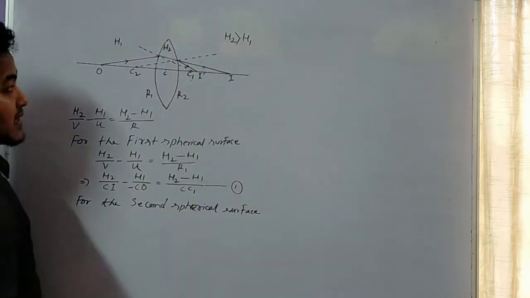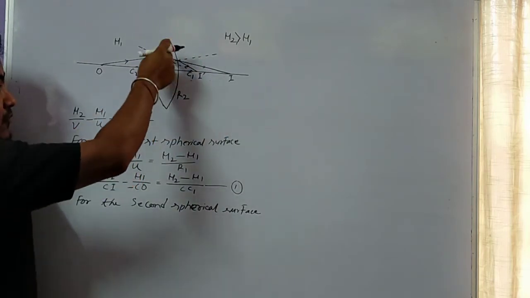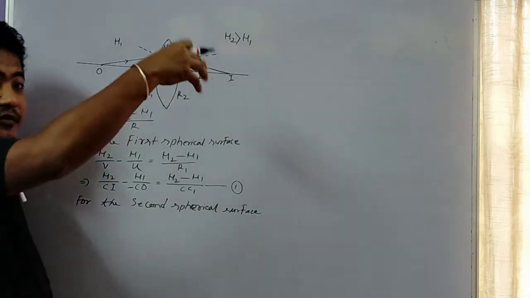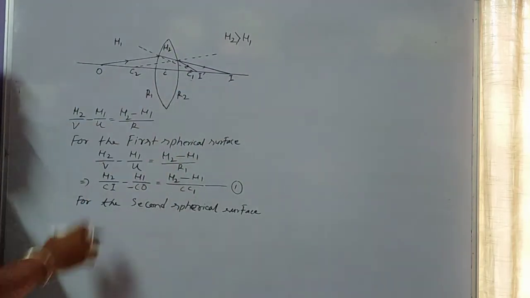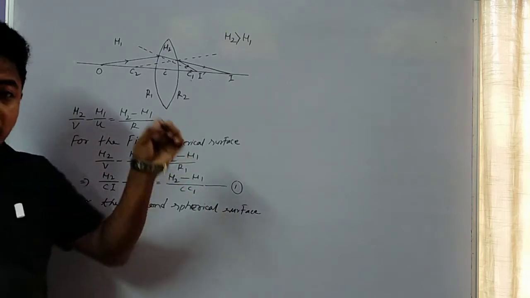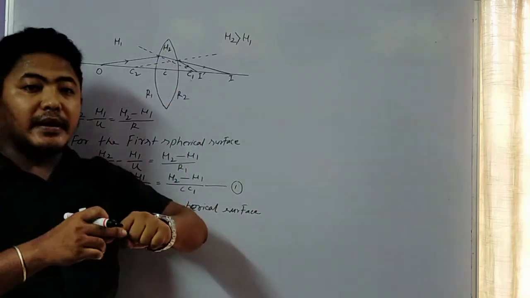Now let us see what happens. In the second spherical surface, the light is traveling from mu2 to mu1. In the first case, it travels from mu1 to mu2. That's why we consider mu2 minus mu1. But this time, light is traveling from mu2 to mu1, so it will be mu1 minus mu2.